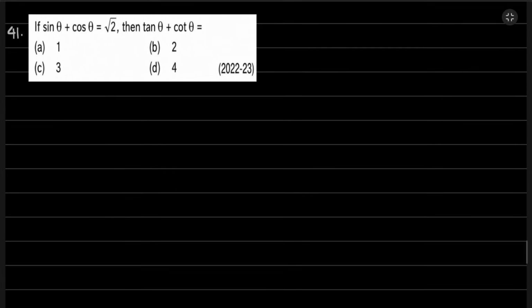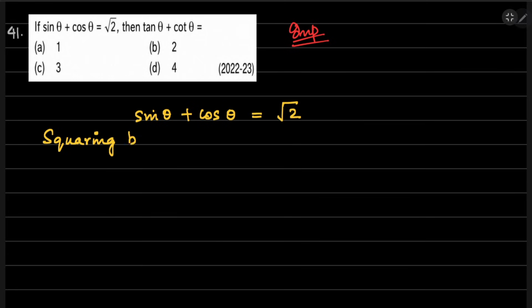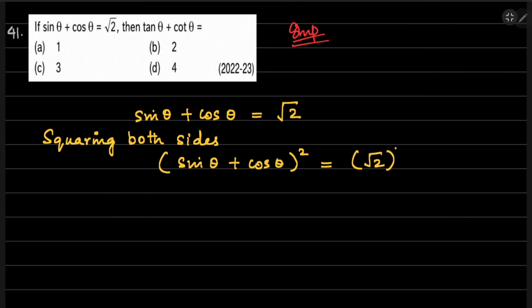If sine theta plus cos theta is equal to root 2, then tan theta plus cot theta is equal to? Quite an important question yet again. Let's do it. Sine theta plus cos theta is equal to root 2. What you have to do is square both sides. So (sine theta plus cos theta) the whole square is equal to (root 2) the whole square.